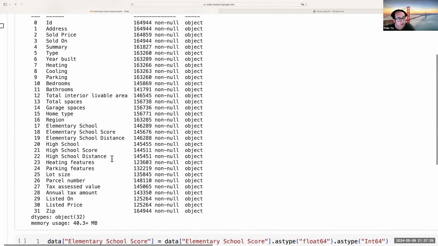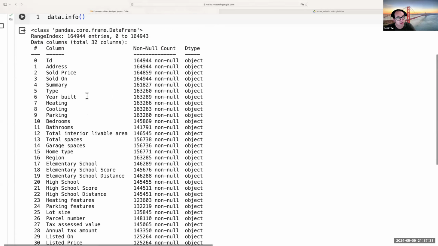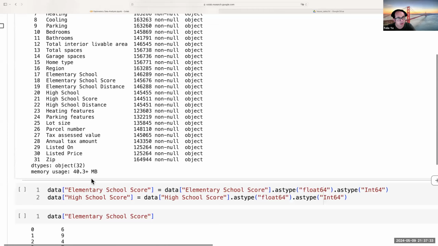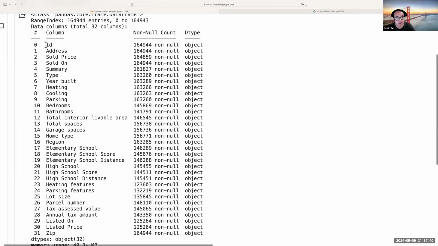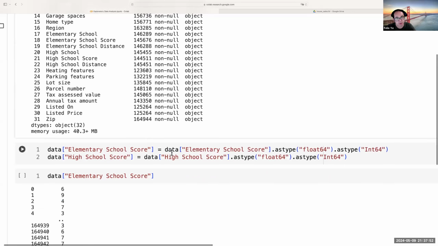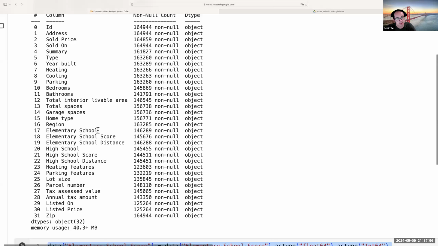All right, and you can see even with those 32 columns, probably not all the features are important. For example, ID is just some random number, so probably it's not that important. We also see something that is not making sense.